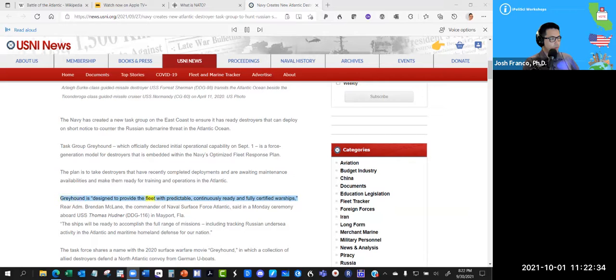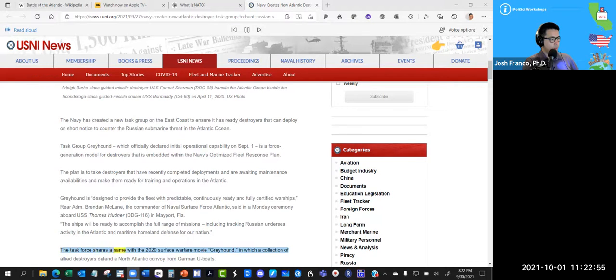Greyhound is designed to provide the fleet with predictable, continuously ready and fully certified warships, Rear Admiral Brendan McLean, the commander of Naval Surface Force Atlantic, said in a Monday ceremony aboard USS Thomas Hudner, DDG-116, in Mayport, Fla. The ships will be ready to accomplish the full range of missions, including tracking Russian undersea activity in the Atlantic and maritime homeland defense for our nation.